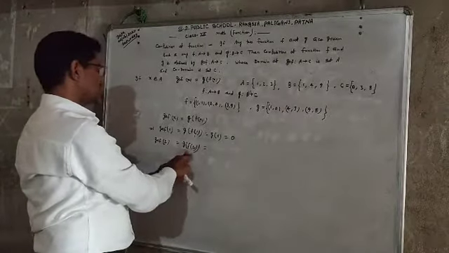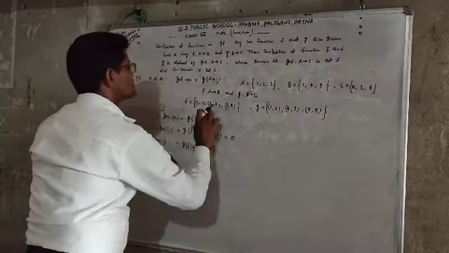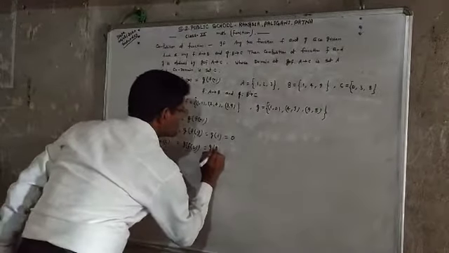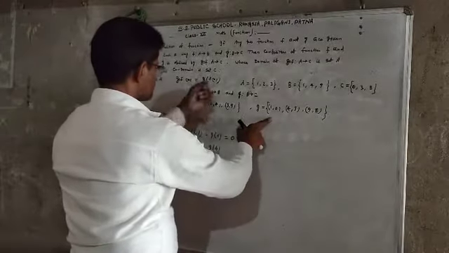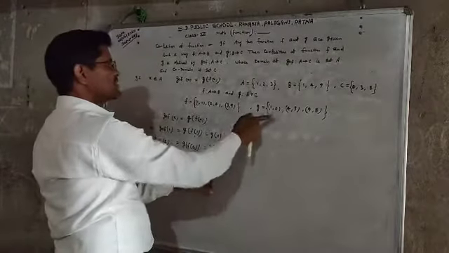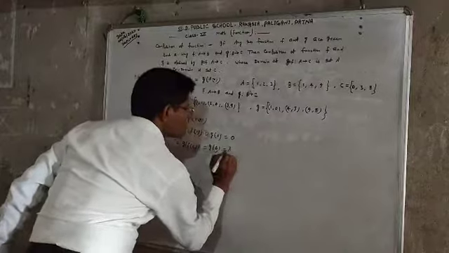Then g of f2 is g of 4, so we have to find g4. From the second function, the image of 4 is 3, so g4 is 3.